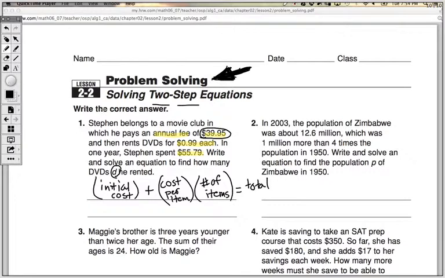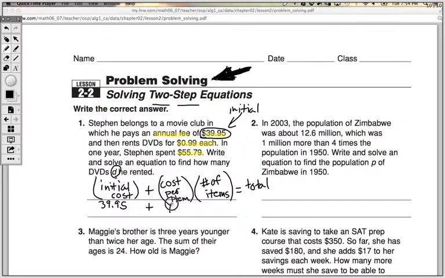Well, we have a lot of this information here. So the initial cost right there is $39.95. So let's go ahead and put that in here. We would have $39.95. And then the cost per item, we don't know, do we? Oh, yeah, we do. That's going to be 99 cents.